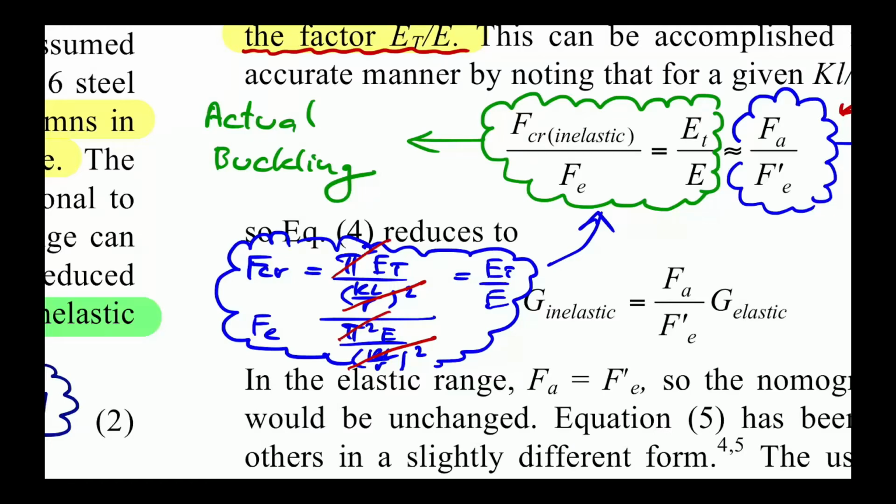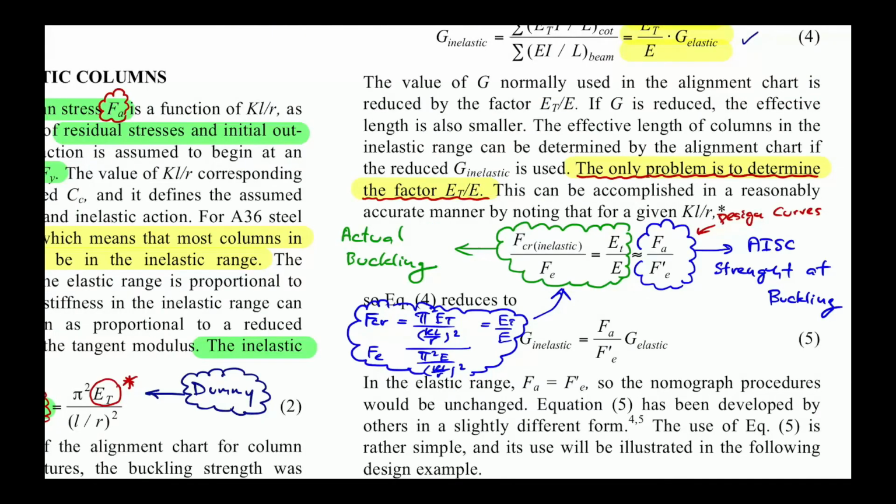Pi will not be changed. So finally you end up with the relationship if you divide the F_cr by F_E. You end up with the ET divided by E. Okay, so this simple relationship holds, and it is given over here at this point.